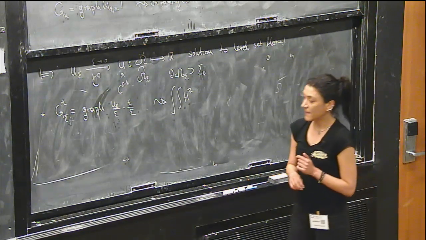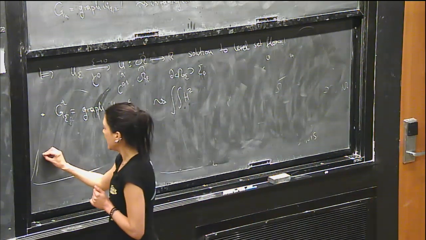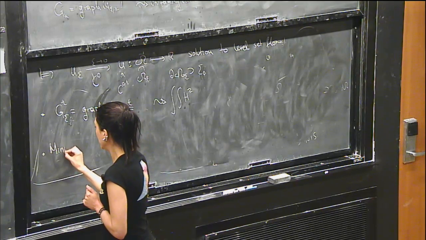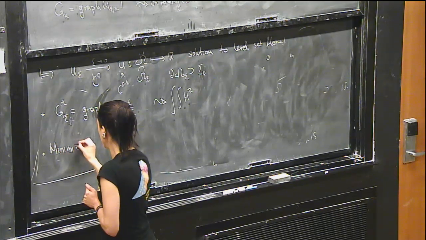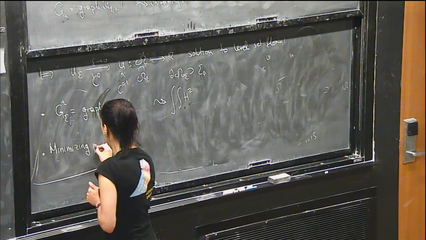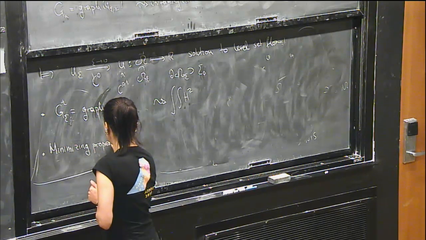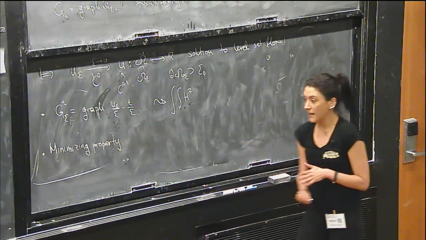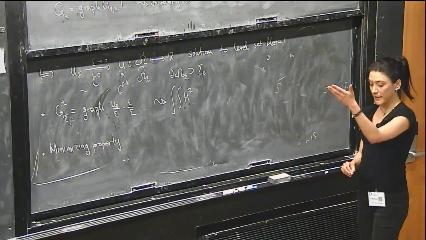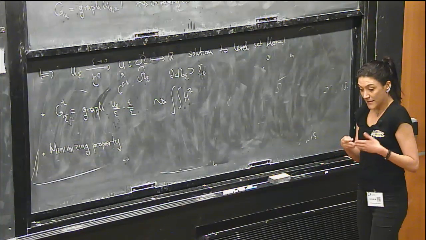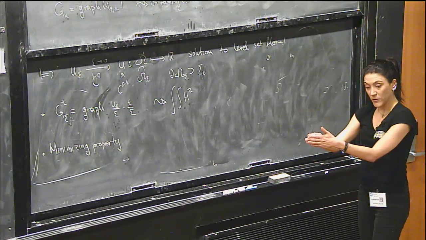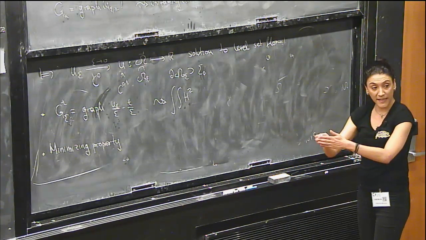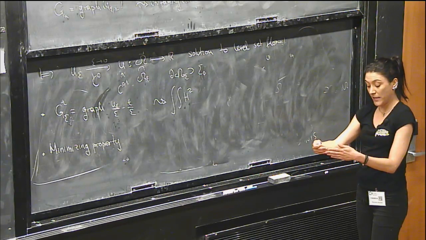And the second one is that these guys satisfy a minimizing property. What happens in mean curvature flow is that because the flow goes in a direction that minimizes area, the surfaces minimize area on one side.